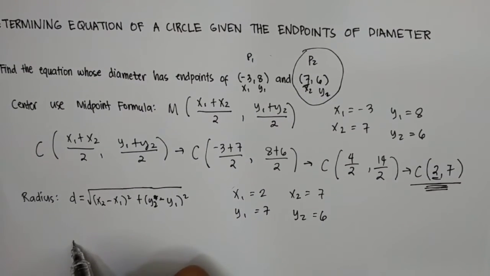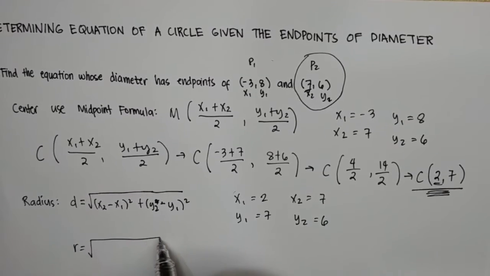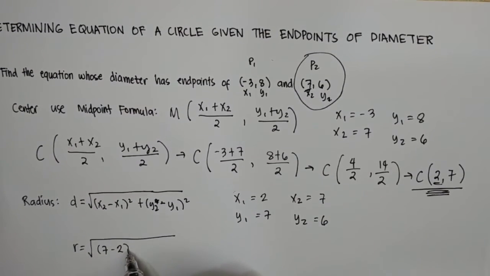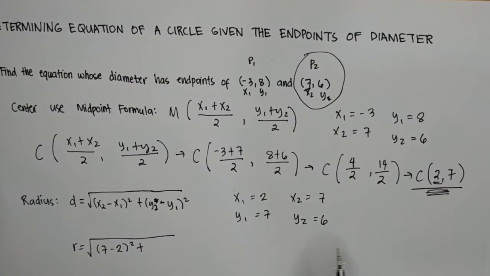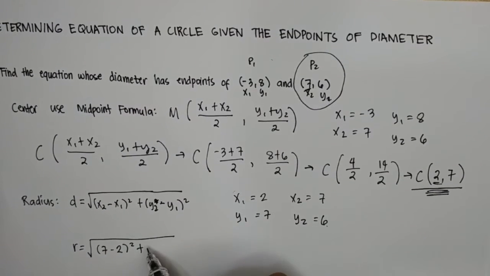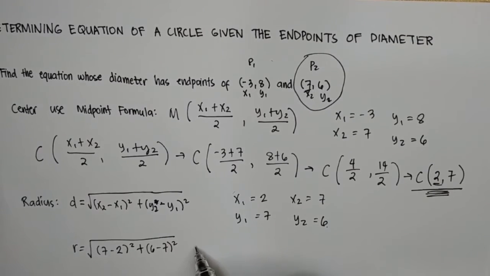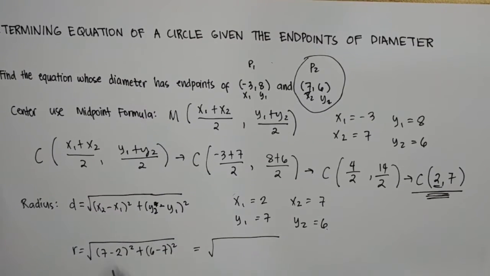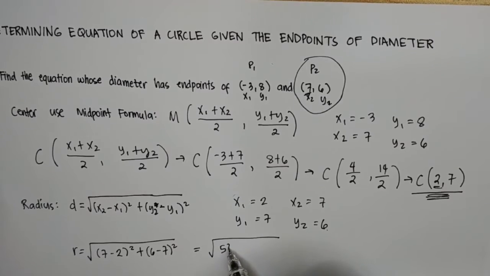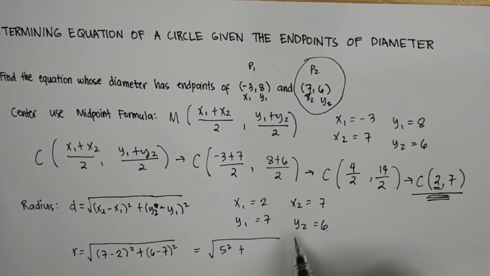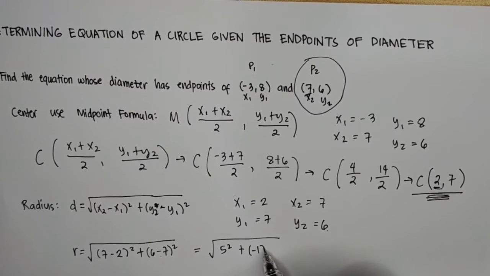Okay, so let's find our radius. We have radius is equal to the square root of (7 minus 2) squared plus (6 minus 7) squared. So this is equal to the square root of (7 minus 2, that is 5) squared, plus (6 minus 7, that is -1) squared.